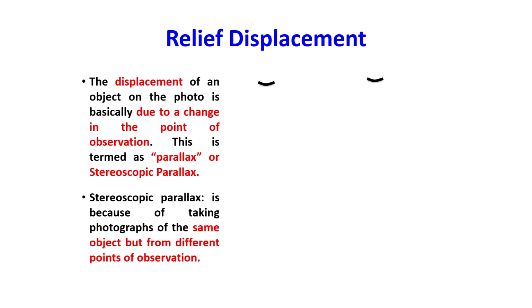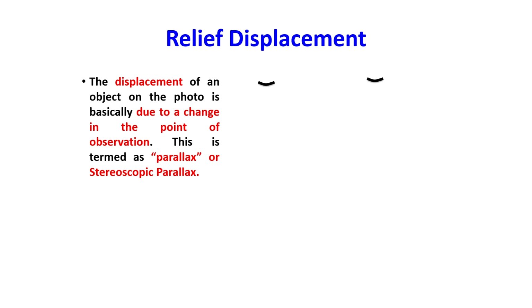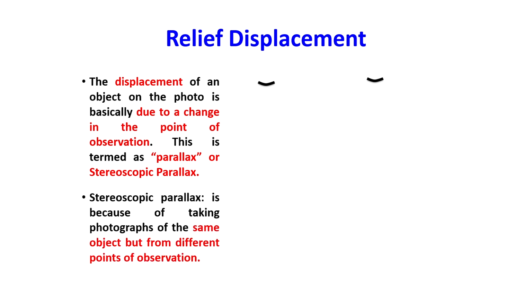The relief displacement of an object on the photo is due to a change in the point of observation, and this is termed parallax, or stereographic parallax. Stereographic parallax arises from taking photographs of the same object from different points of observation.